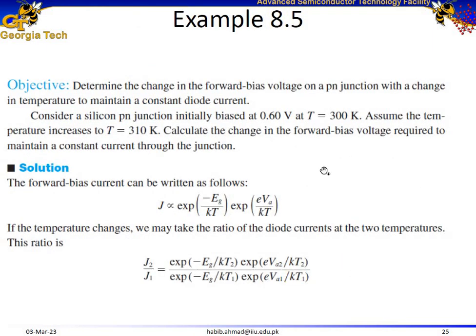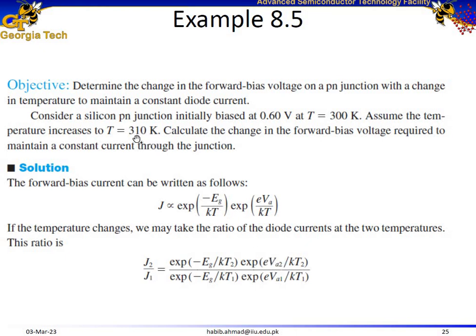So assume two equations. J1 is equal to the same equation, at T1 and applied voltage VA1. T1 is 300 Kelvin and VA1 is 0.6 volts. And then J2, which is equal to J1, we want to keep the current density constant, is equal to the same equation, but here we got T2 and VA2.